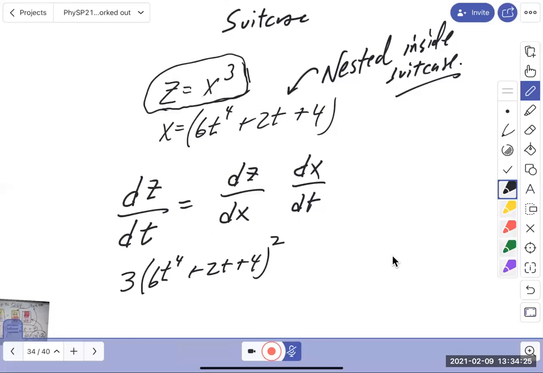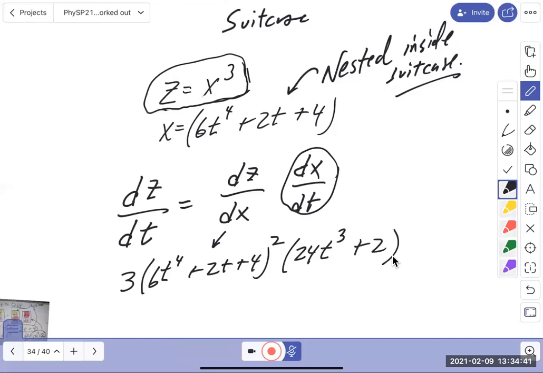That's dz/dx. Then I have to go inside the nest and that's dx/dt, which is 24t cubed plus 2.